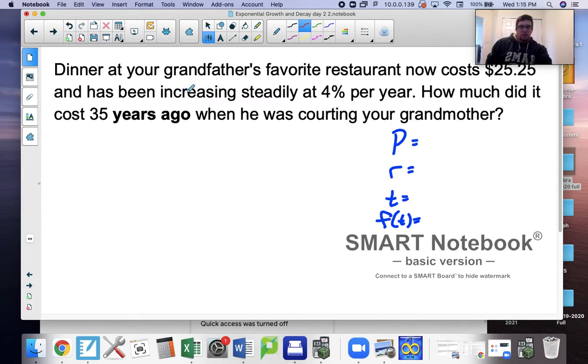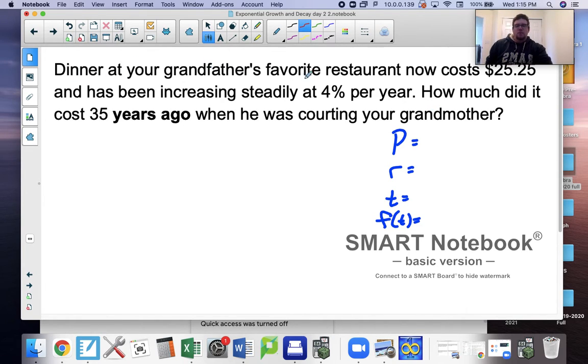Since it's increasing, it's a growth, and we can't set up a decay model to go backwards in time. The percentages don't work perfectly that way. So we're going to set up the original problem and work our way backwards.